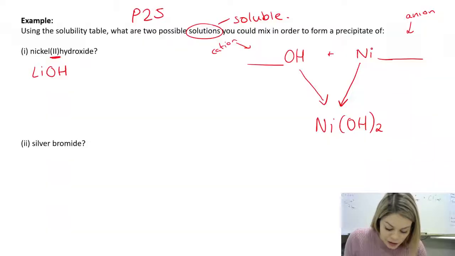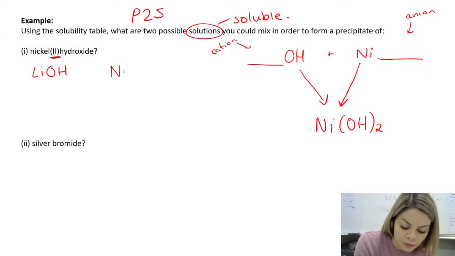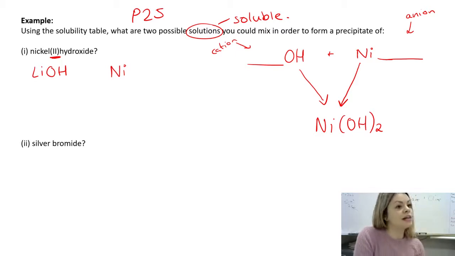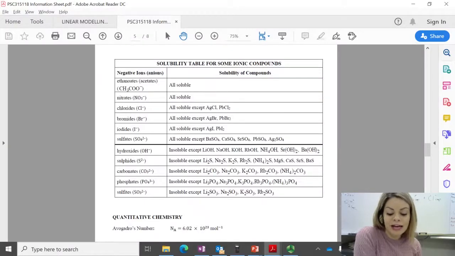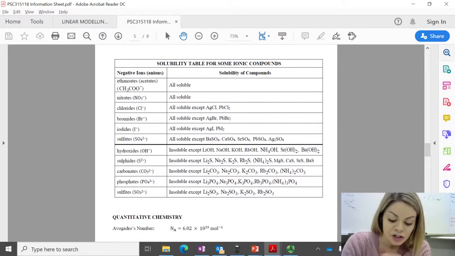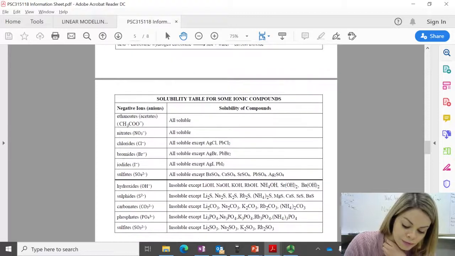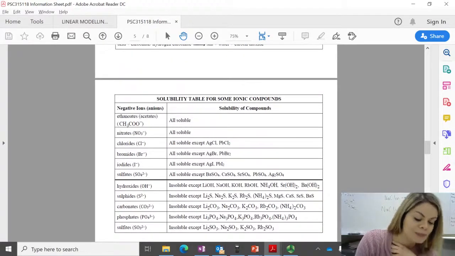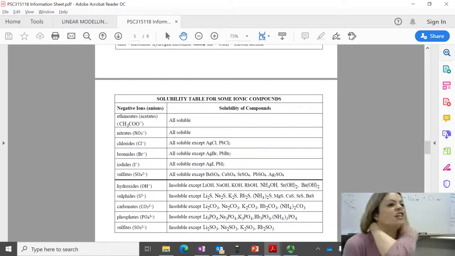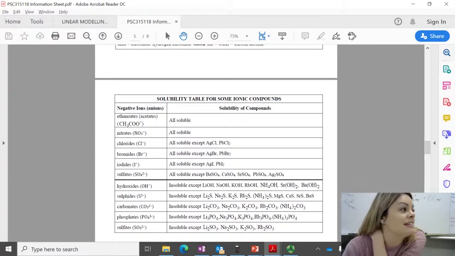Okay, now we do the same thing with the nickel. We need to choose nickel something. It has to be something soluble. So it is safest to choose one of the top 6 generally, because they're the ones that are usually soluble, and then just make sure that the metal that you're working with isn't an exception.